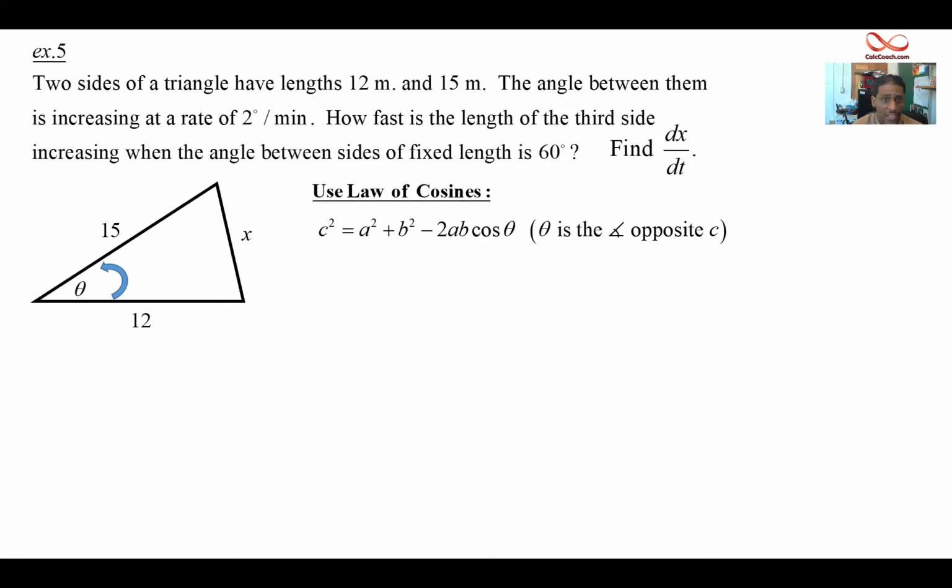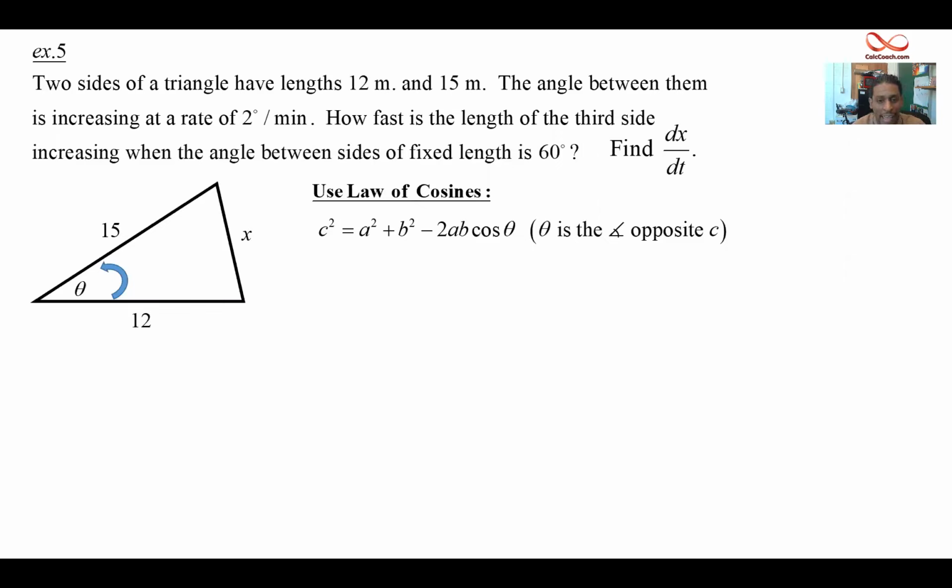So for us, x is c, a is 15 or 12, and b is the other one, and theta is a variable as well. We're not plugging in the exact values yet. This is our changing picture. From the changing picture comes the relationship between our two variables, x and theta. That's what we need.